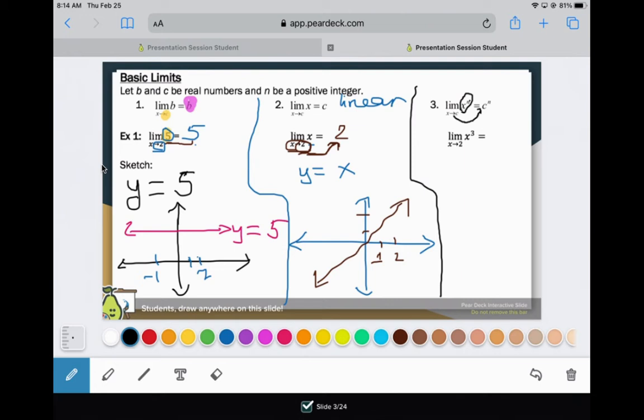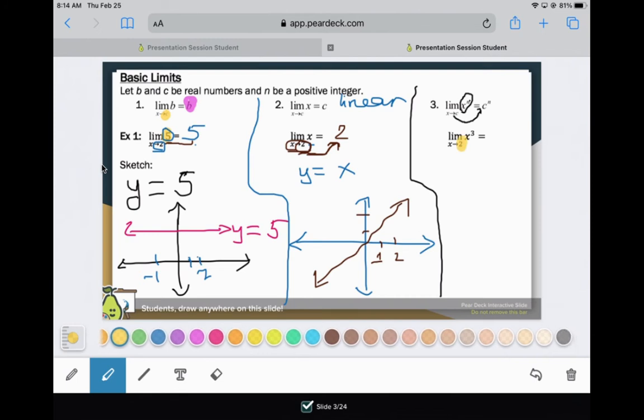The c value is 2, and the power that we have is 3. So to find the limit, I'm going to use the property given to me: c is 2, the power is 3, so the limit is going to be 8.